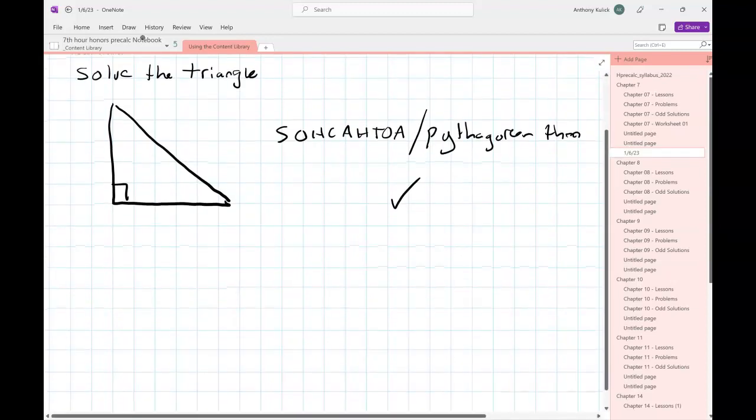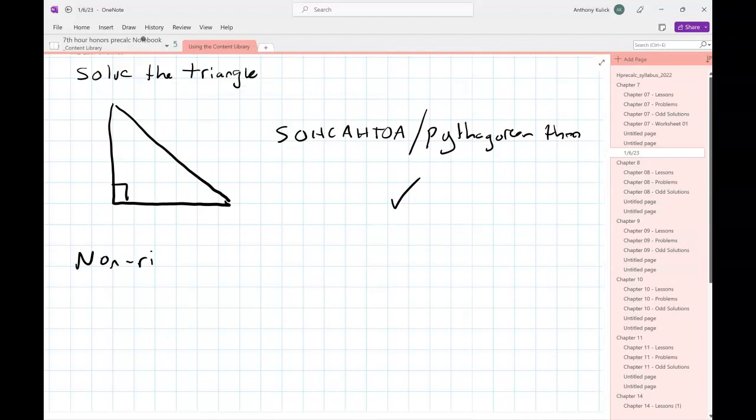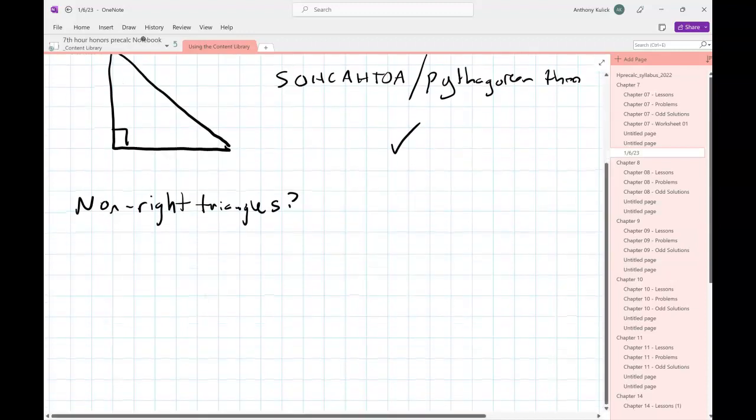So the question then should become, what if I have a non-right triangle? Can I use SOHCAHTOA? No. Can I use the Pythagorean theorem?